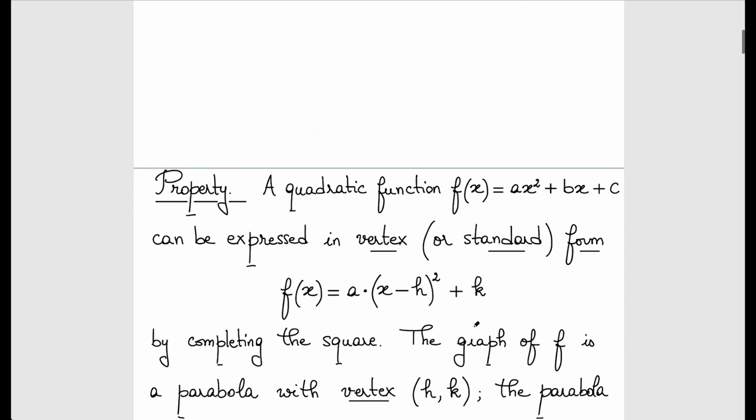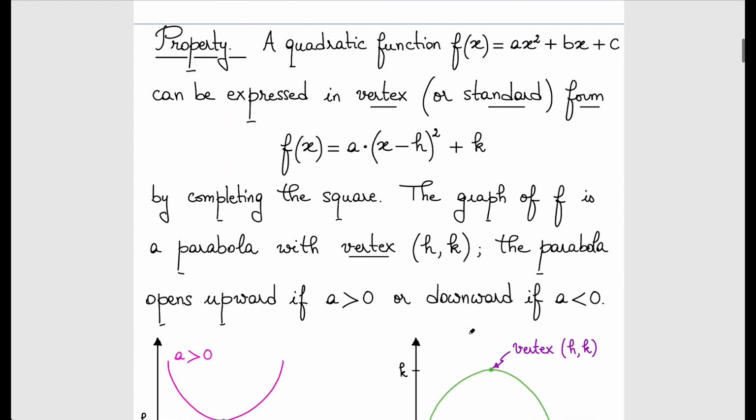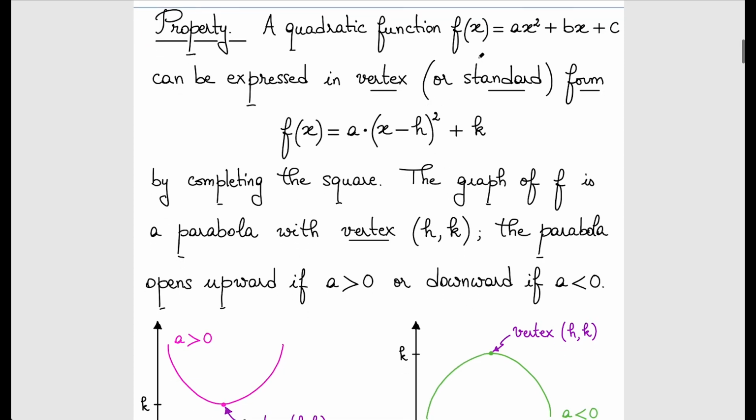So let's read this property. A quadratic function f of x, which is ax squared plus bx plus c, can be expressed in vertex form or standard form, which means something like this, by simply completing the square between those two terms.